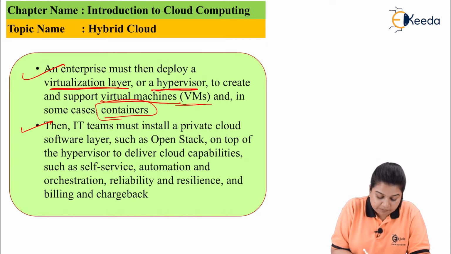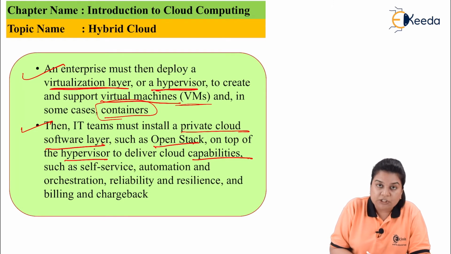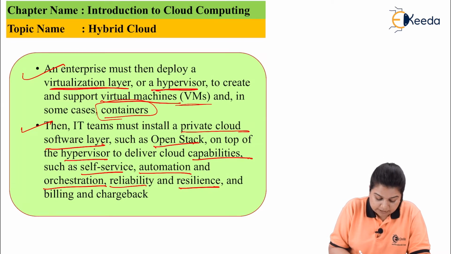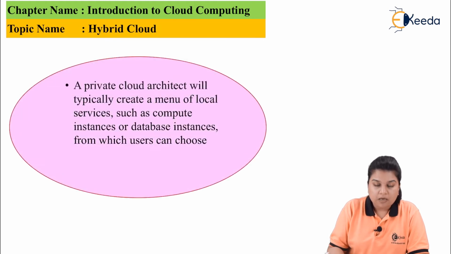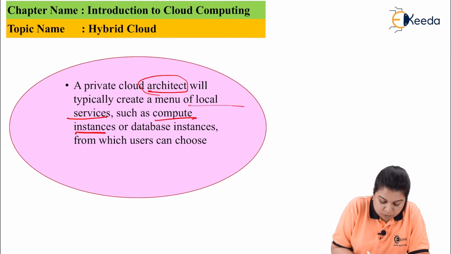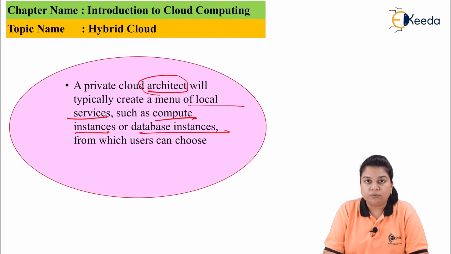Then the IT team must install a private cloud software layer such as OpenStack on top of the hypervisor to deliver cloud capabilities such as self-service, automation and orchestration, reliability and resilience, and billing and chargeback. A private cloud architect will typically create a menu of local services such as compute instances or database instances from which users can choose.